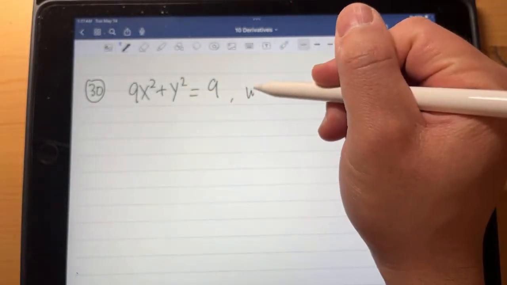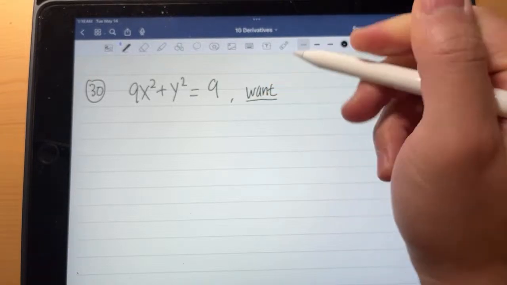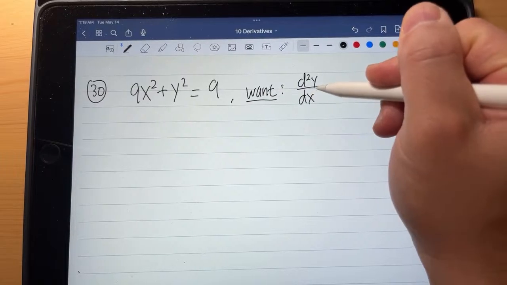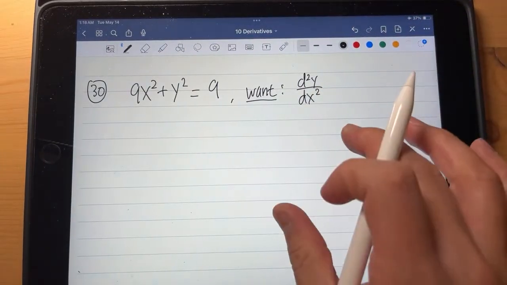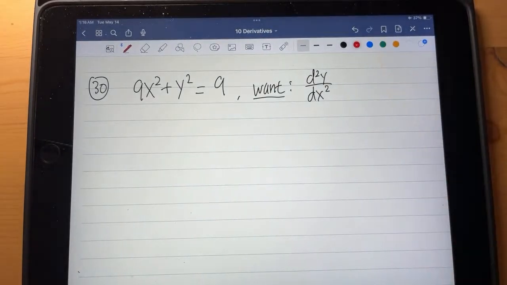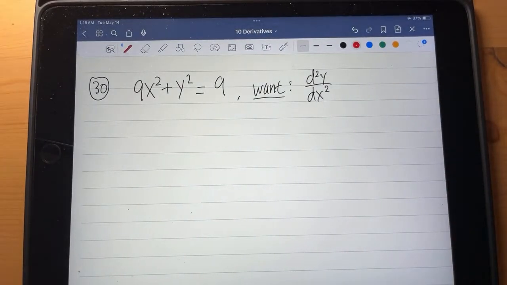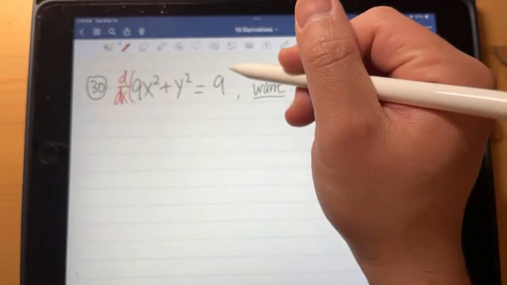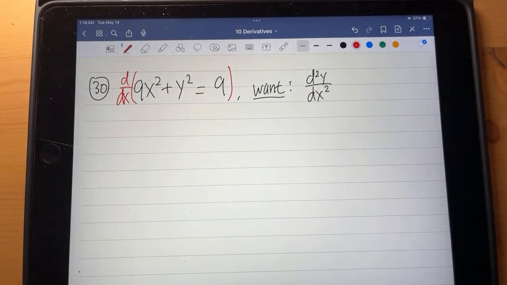And we want d2y dx2. Here we go. Notice the y is not isolated, so let's just do implicit differentiation. Go ahead, d dx this, and do it on both sides of the equation.